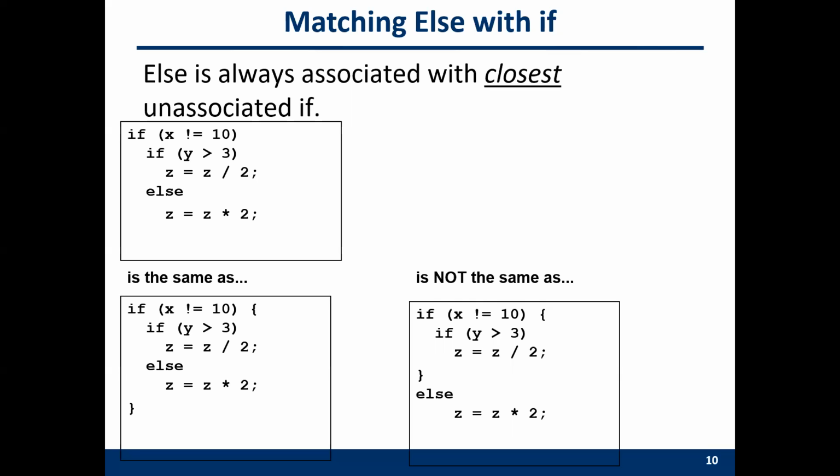So the else is always associated with the nearest if. It means that this else always goes with this one, and this one always will be this one, although there is no brace here.